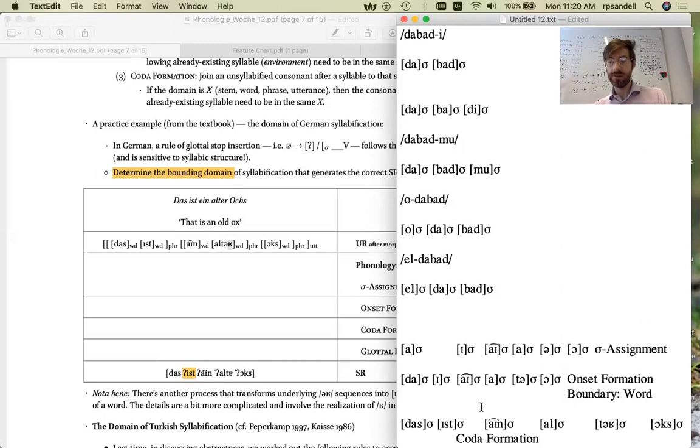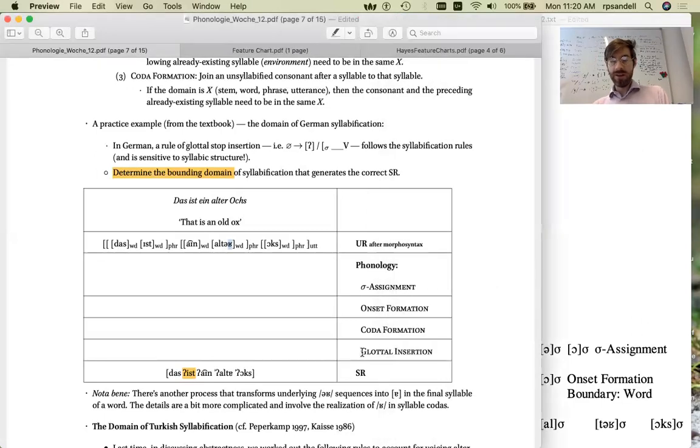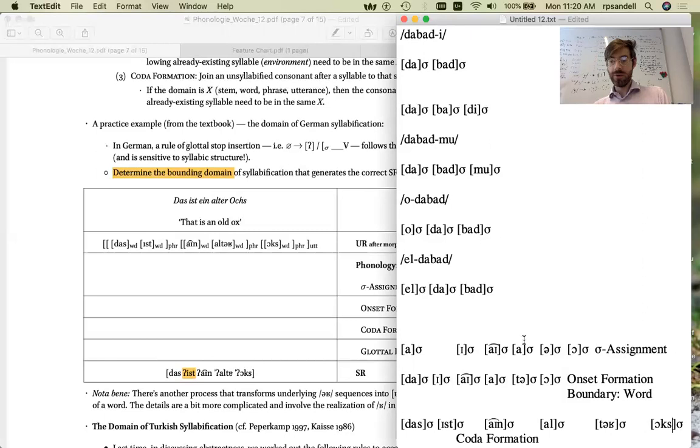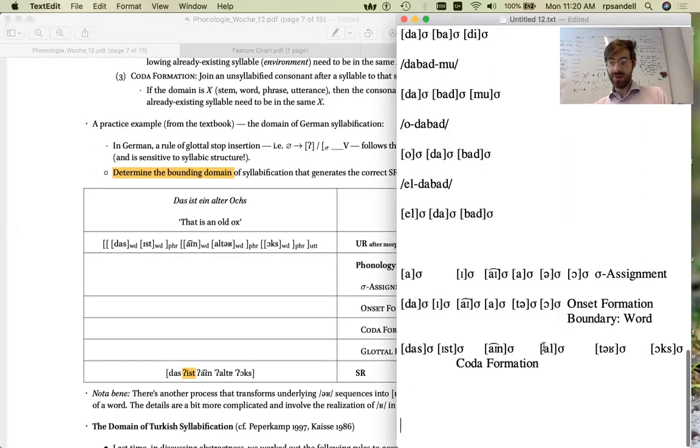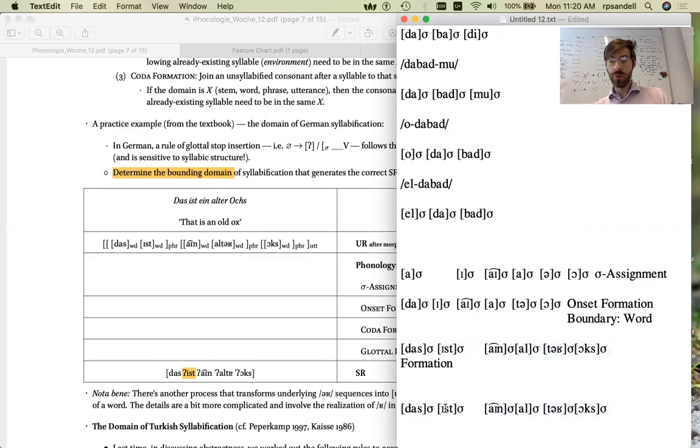sa of Ochs. Finally then, glottal insertion is going to apply at the end of the derivation and provide an onset for all of the words that don't already have an onset. So in the words ist, ein, alta, and Ochs, those syllables are going to receive a glottal stop at their respective beginnings.